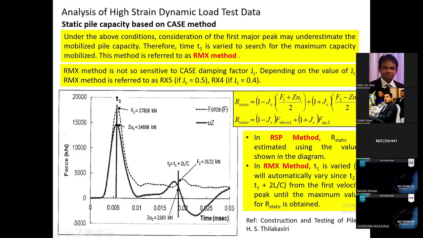If we use the first peak as F1 and ZU1, the capacity calculated using the two peaks is called the RSP method. Sometimes it is noted that the first major peak may underestimate the mobilized pile capacity.